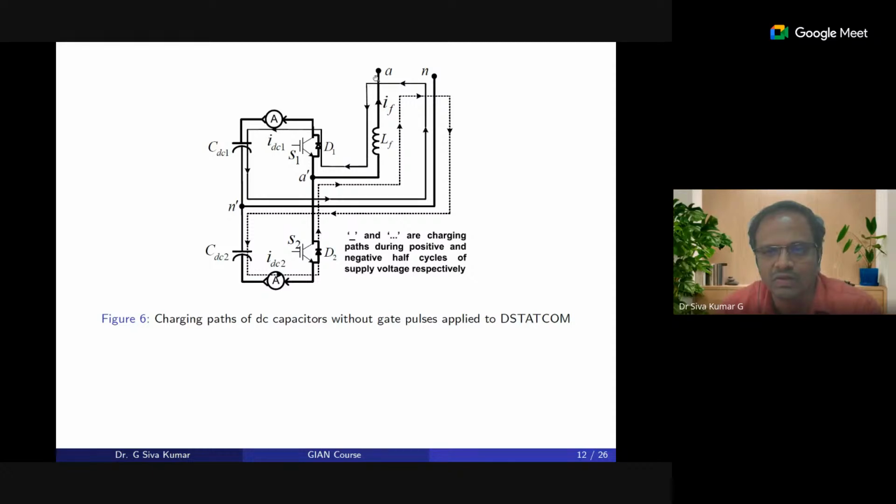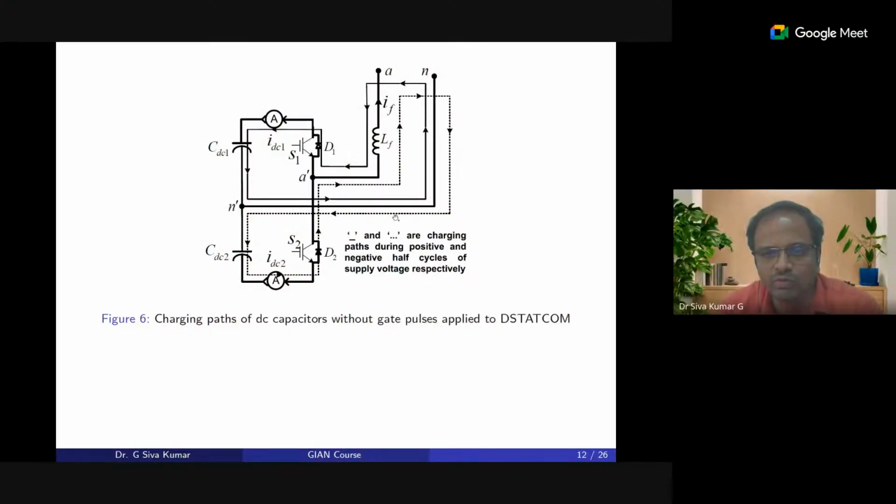This is like a simple rectifier. When you have a positive cycle, D1 conducts, and when there is a negative supply voltage, D2 starts conducting, this way. This is a charging mode, and this is also a charging mode.